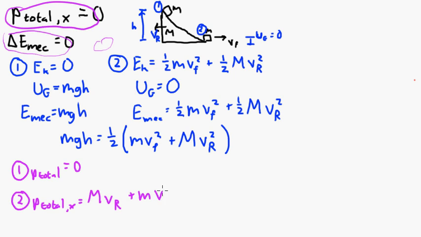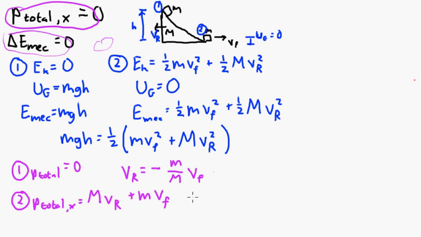So what this means, let's solve this for V sub r. V sub r equals negative little m over big M times V sub f. Right, okay. We want to get this into a state we can plug in here, so we can actually do V sub r squared, because it's V sub r squared in the energy equation.